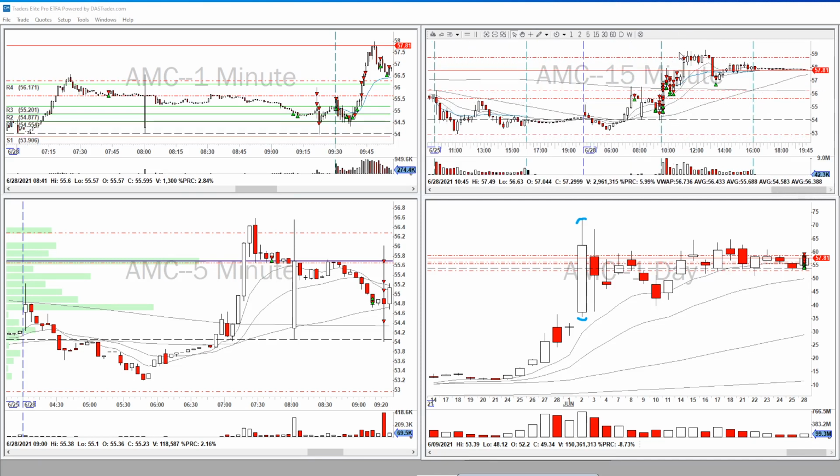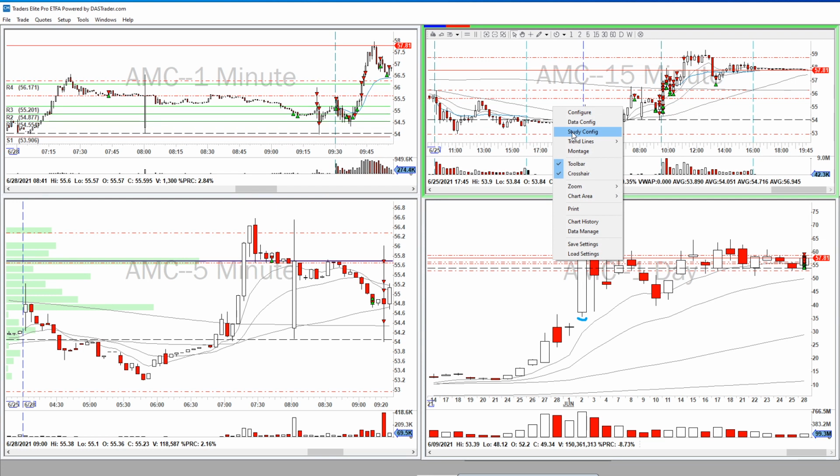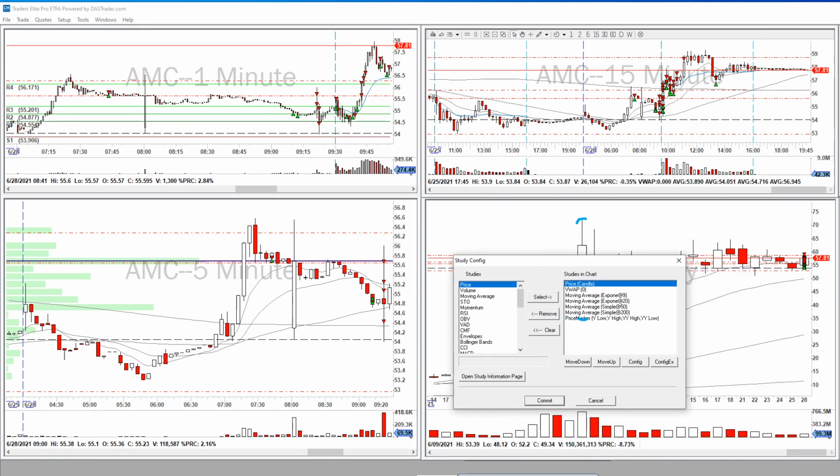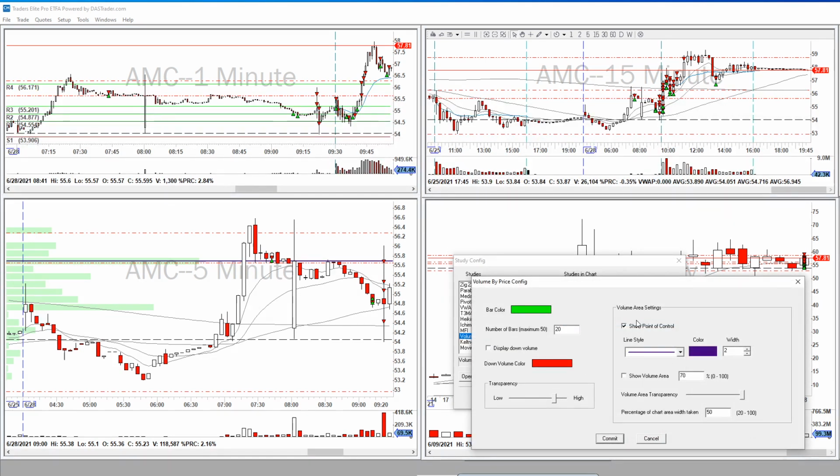As we look at our 15-minute chart, what we can do is right-click, go to Study Config, look up the volume by price study, and inside of volume by price, we can configure it to show the point of control. This can be configured with any sort of style that's desired based on different line styles, and then different configurations can be made.